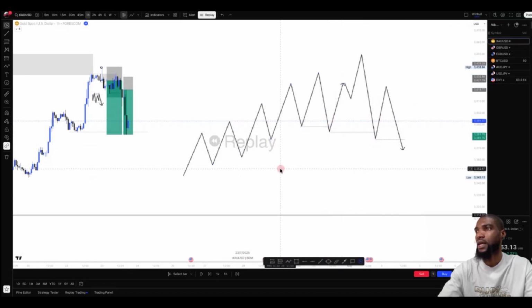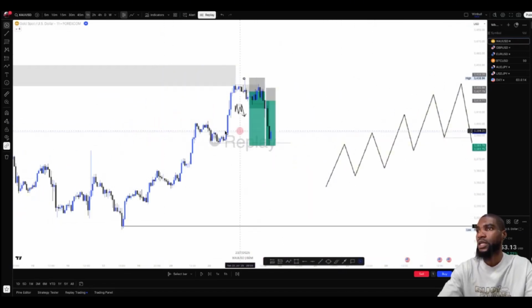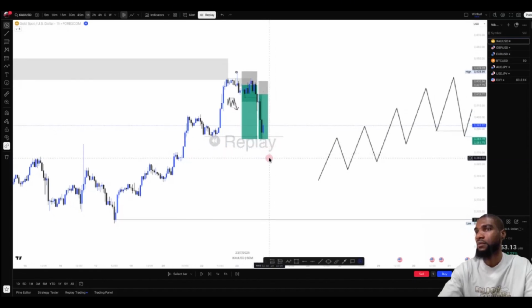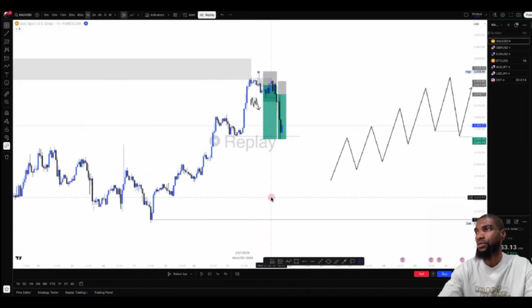This is our last higher low on the 1 hour time frame, because it is this low that created this high. So now we want to see price break and close a candle below this level for us to confirm that price is going bearish.